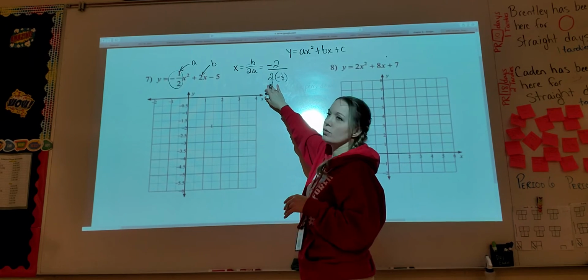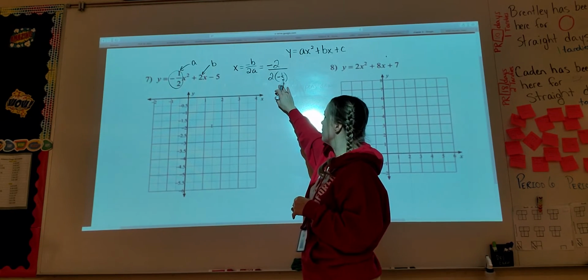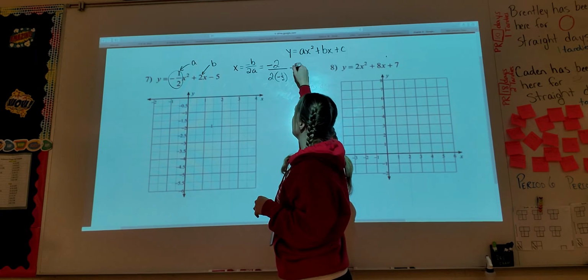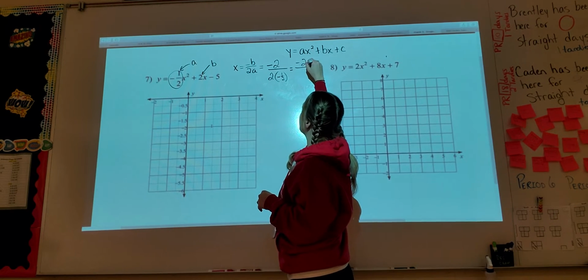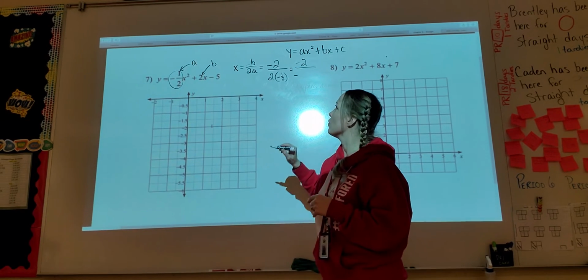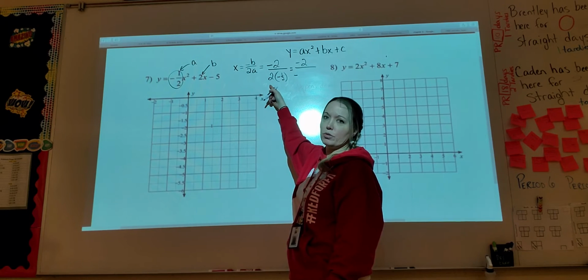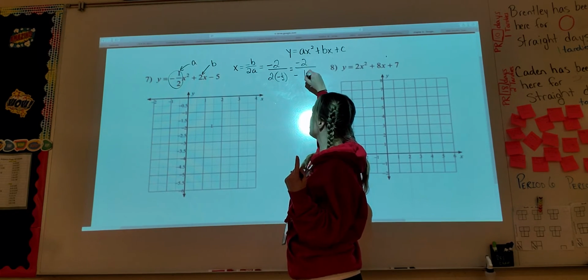So I've got 2 times a -1/2. A positive times a negative is going to give you a negative. So I've got -2 up here, and I'm going to have a negative down here. And then what is 1/2 of 2? 1/2 of 2 is just 1.